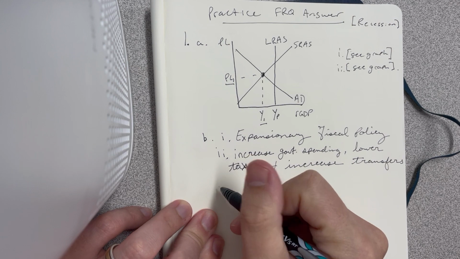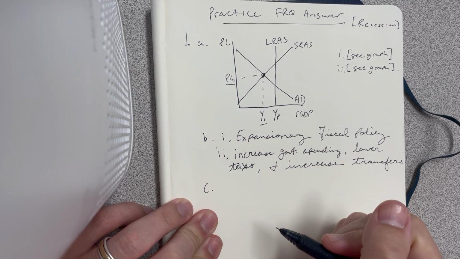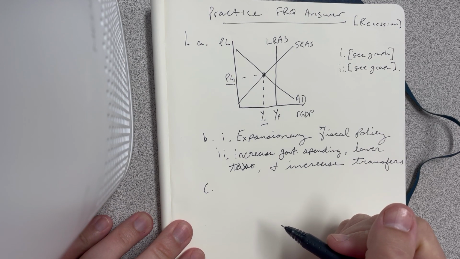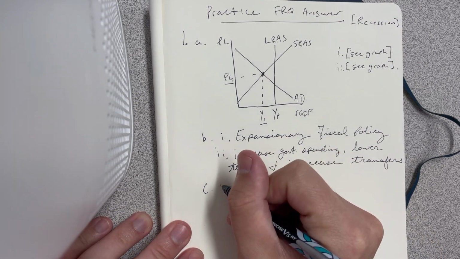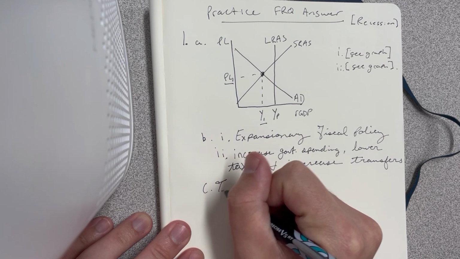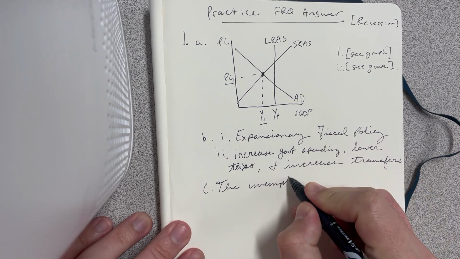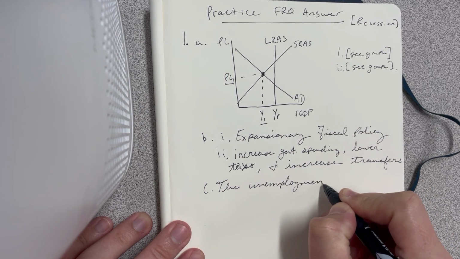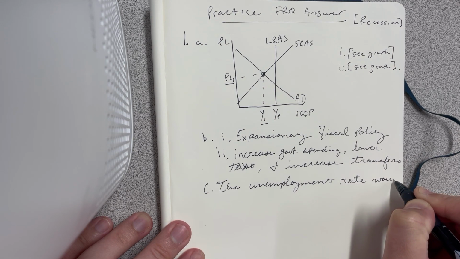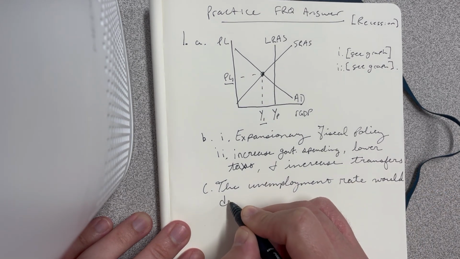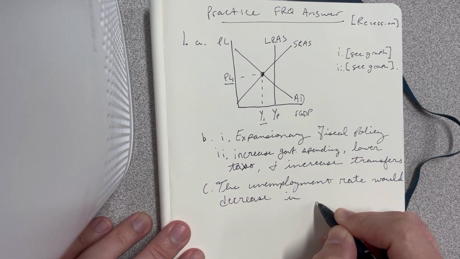All right, part C, given your answer in part B, explain what will happen to the unemployment in the United States in the short run. So we would say the unemployment rate would decrease in the short run.